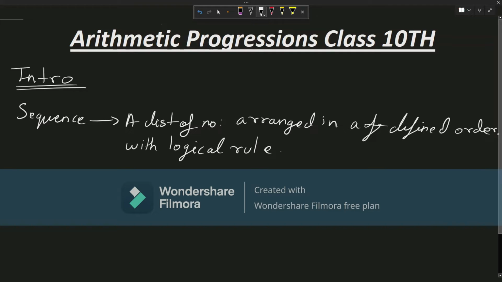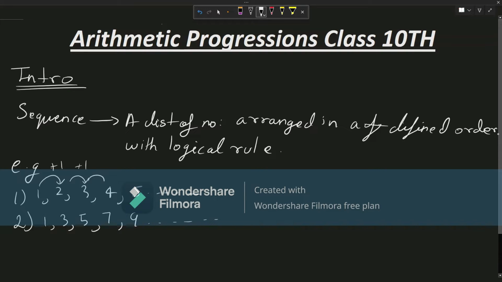Now for some examples of sequence. 1, 2, 3, 4, 5, and so on. These are real numbers. Then second is 1, 3, 5, 7, 9, and so on. Here you can see that in the first example, plus 1 is added, plus 1, plus 1, plus 1.